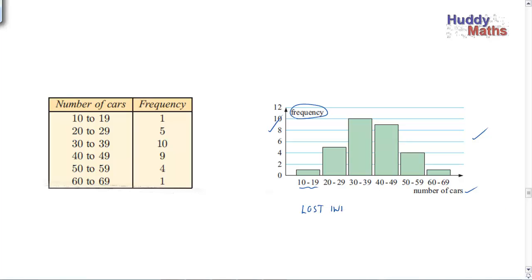Because we don't actually know within each group how many of each separate value we have. So this group of 20 to 29, there are 5 entries in there, but we don't know whether that's 20, 21, 22, 23, 24, or what it is. We've lost the actual original data.